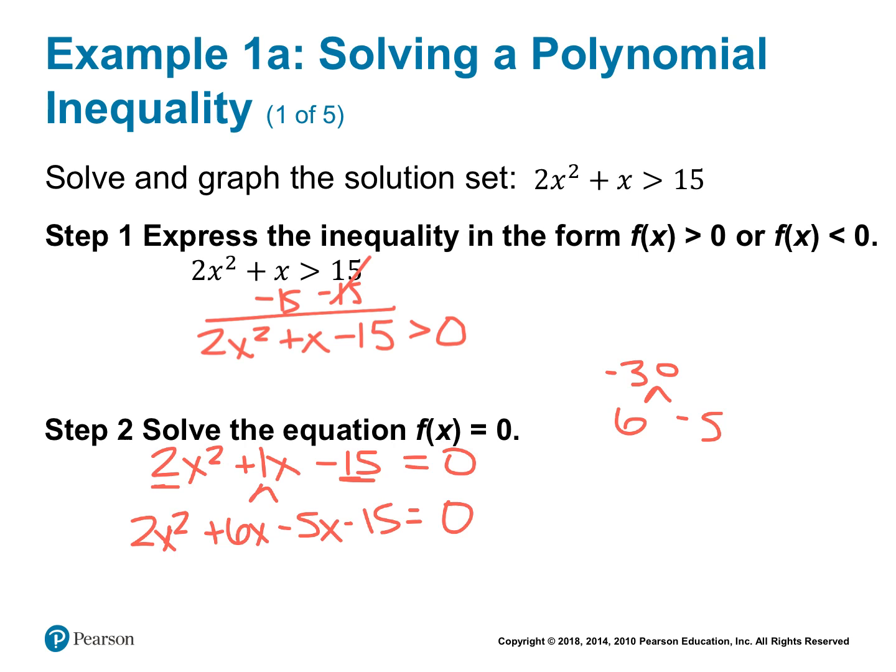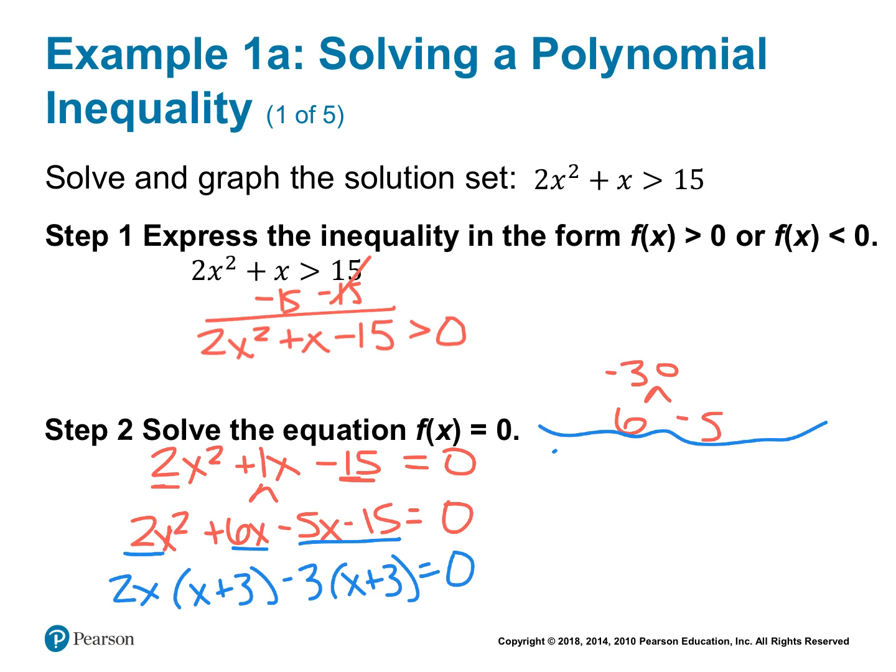And now let's see how we can factor that. We could pull a 2x out of both of these. It leaves you with x plus 3. You would pull a negative 5 out of both of these, which should leave you with x plus 3. So we'd have 2x minus 5.